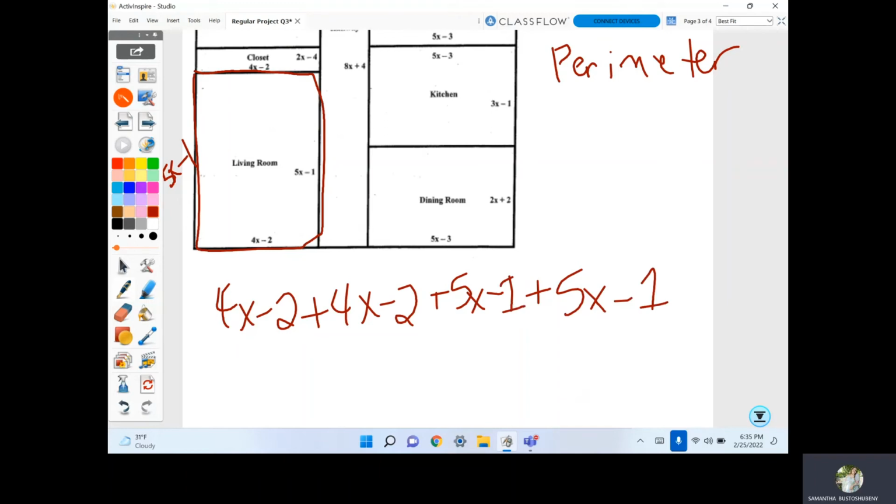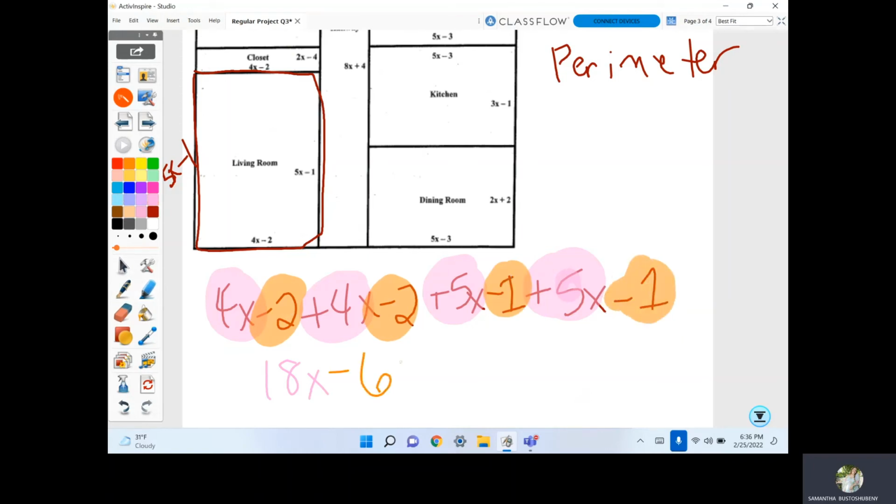Now I can go through and find all my like terms. Notice that I am also highlighting the signs in front of them so that when I add them up, I get 18x. I am highlighting the signs. When I add these up, I get -6.